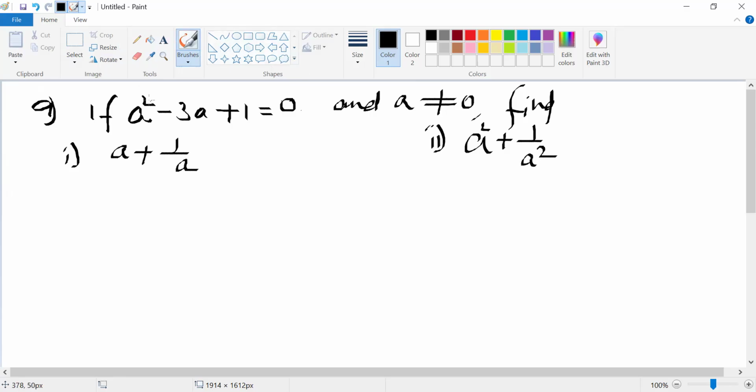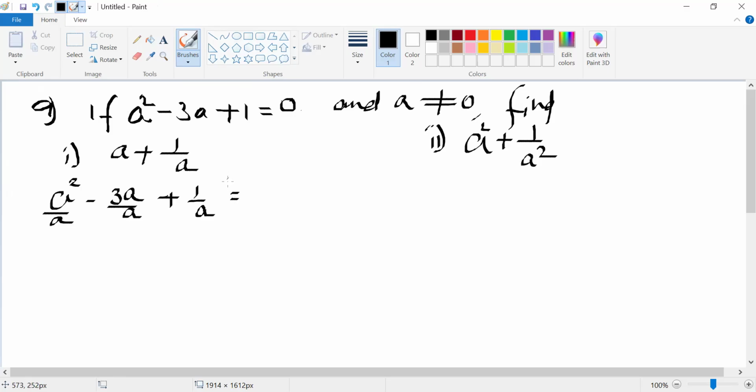So first we have to rewrite this equation in a plus 1 by a form. So what you have to do? We need to divide each term of this by a. So let us do that. So a square by a minus 3a by a plus 1 by a, 0 by a is 0 only.